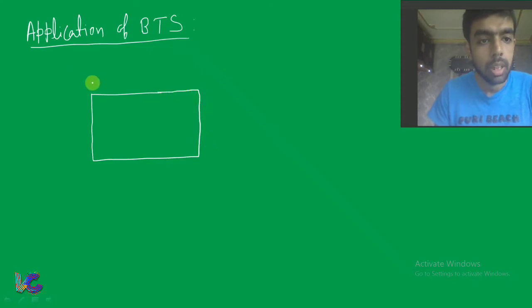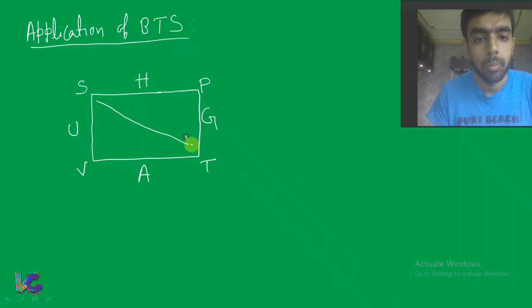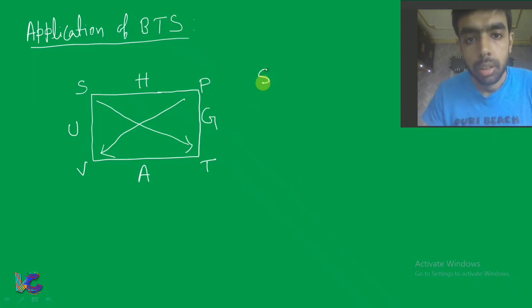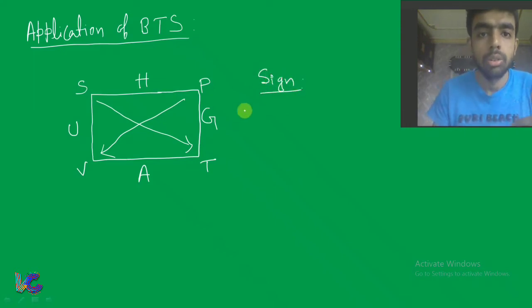So this is my square. So this is Satya Prakash very tired, hey God AU, and the arrow is from S to T and the other arrow from P to V. Fine. Now we will talk about the sign, and this sign we will use when we read the applications of Born thermodynamic square.